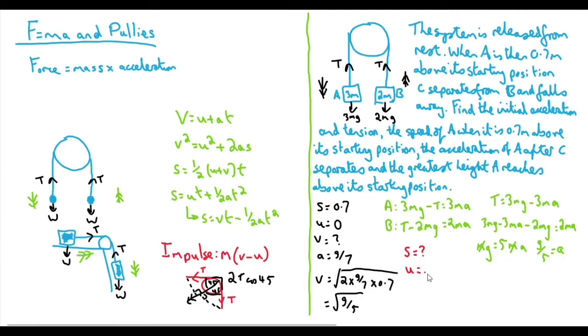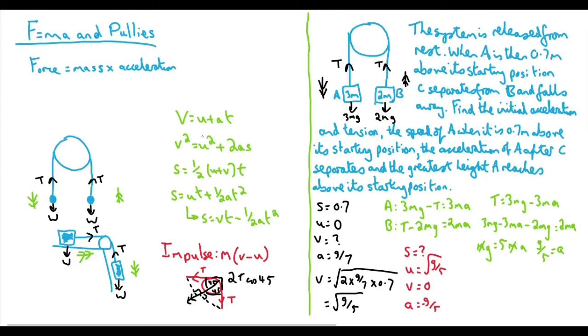So that is going to be your root of g over 5. The v, because it's the greatest height, is going to be 0, because if it had still a velocity then, it would either be going up still or going down already. And then your a is going to be the negative of this here, so minus g over 5, because your acceleration is in the opposite direction to your velocity.